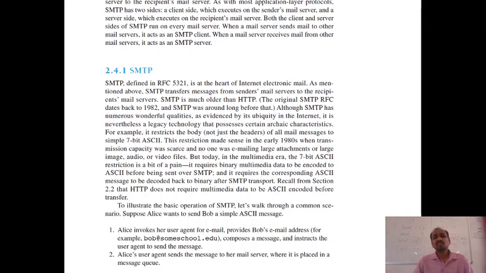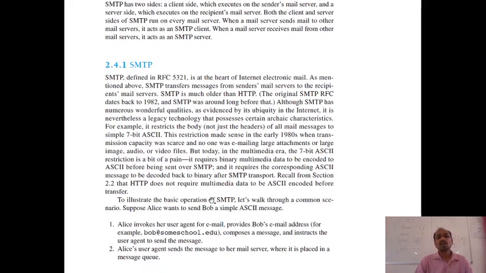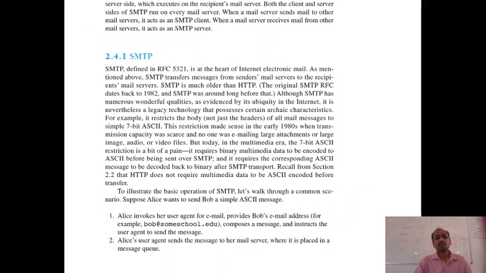Converting this into 7-bit ASCII code is a somewhat hectic job, which SMTP does. And when it reaches the destination, SMTP is responsible for converting it again from ASCII to binary. So this is the long procedure SMTP will do. Now these are a few steps.